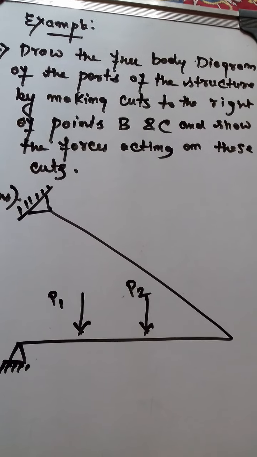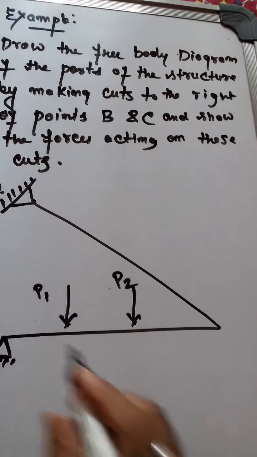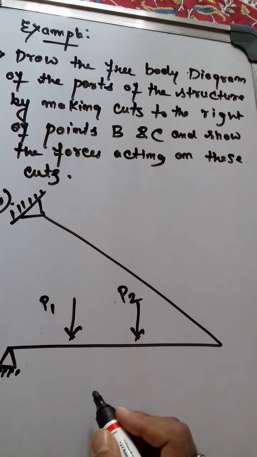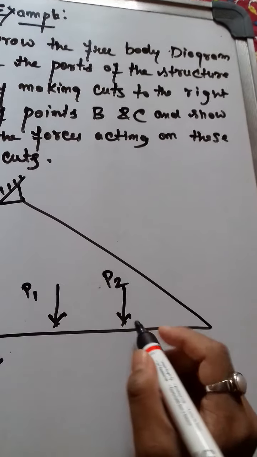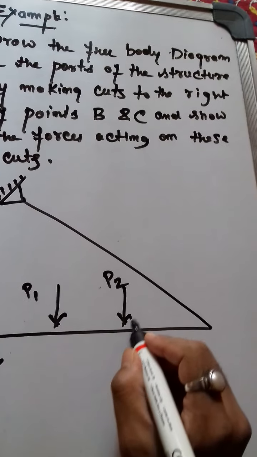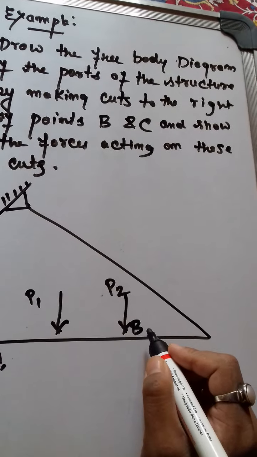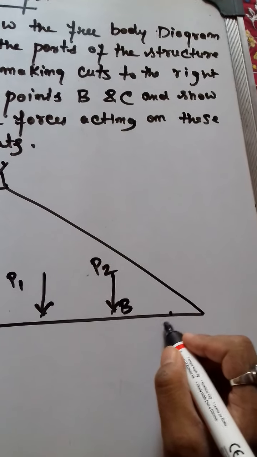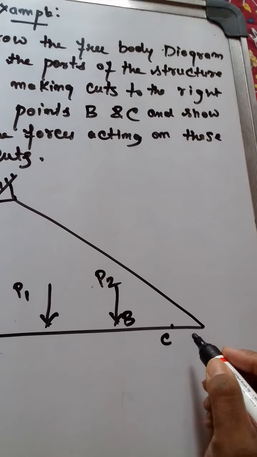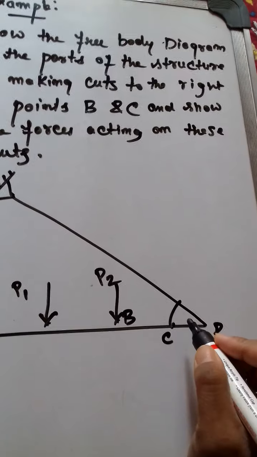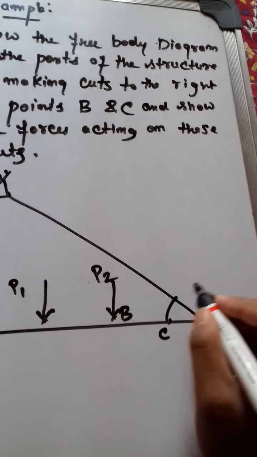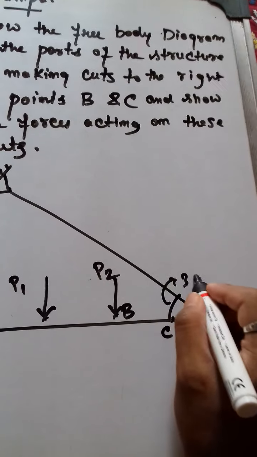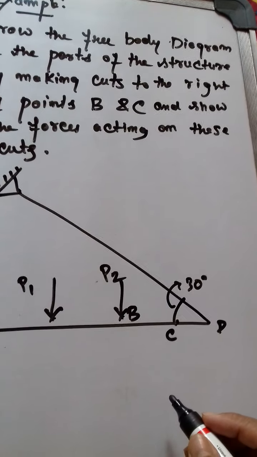It is supported at point E. Okay, let us name it A. Suppose it is equal to B. This is point C, and the last is point D. Suppose this angle is equal to 30 degree.